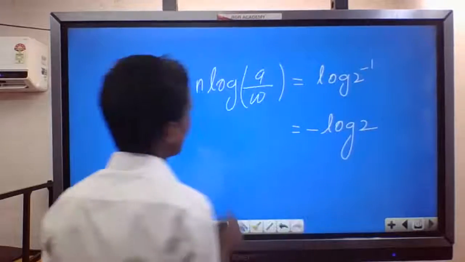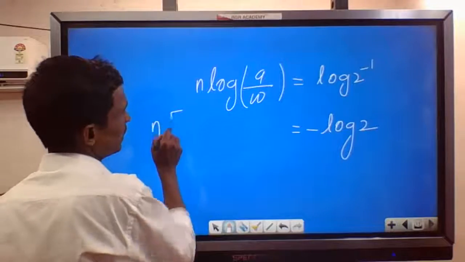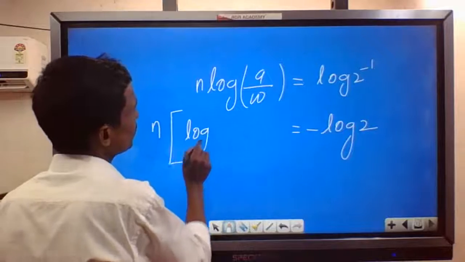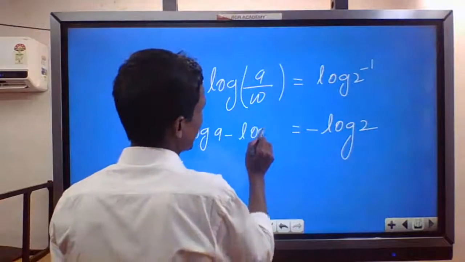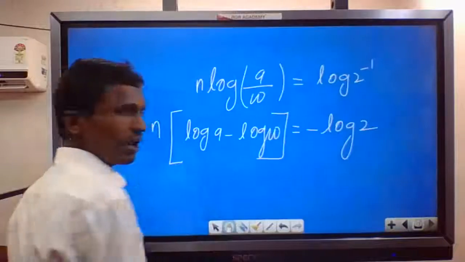So n times (log 9 minus log 10) equals minus log 2.